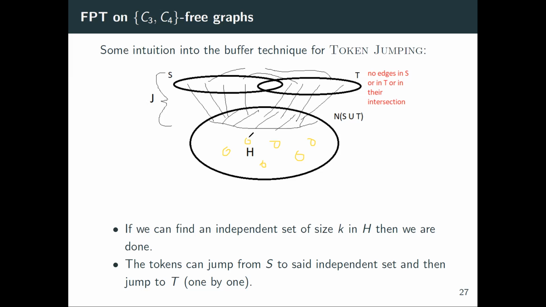It's been used to show that the problem is FPT on planar graphs, for example, or K3J free graphs, so graphs without large bicliques. It's a well-known technique.